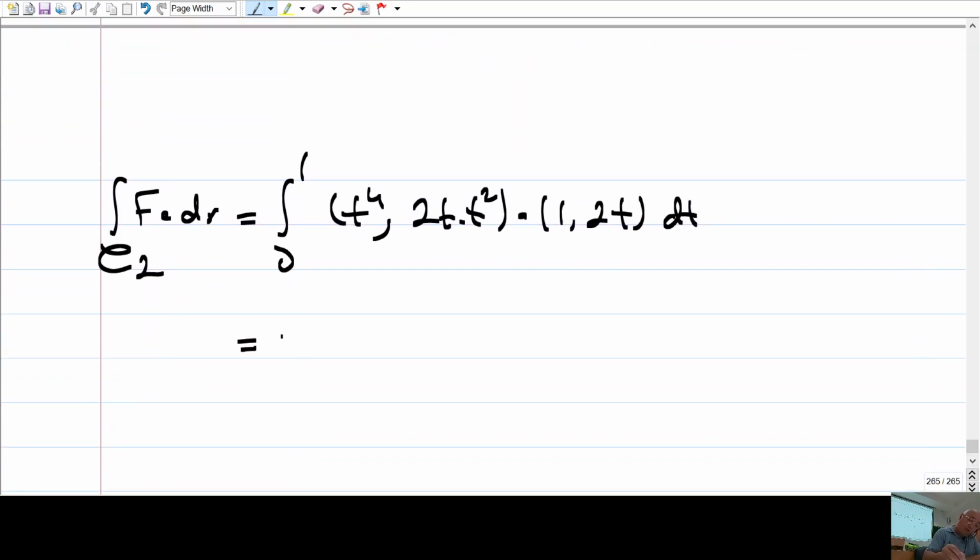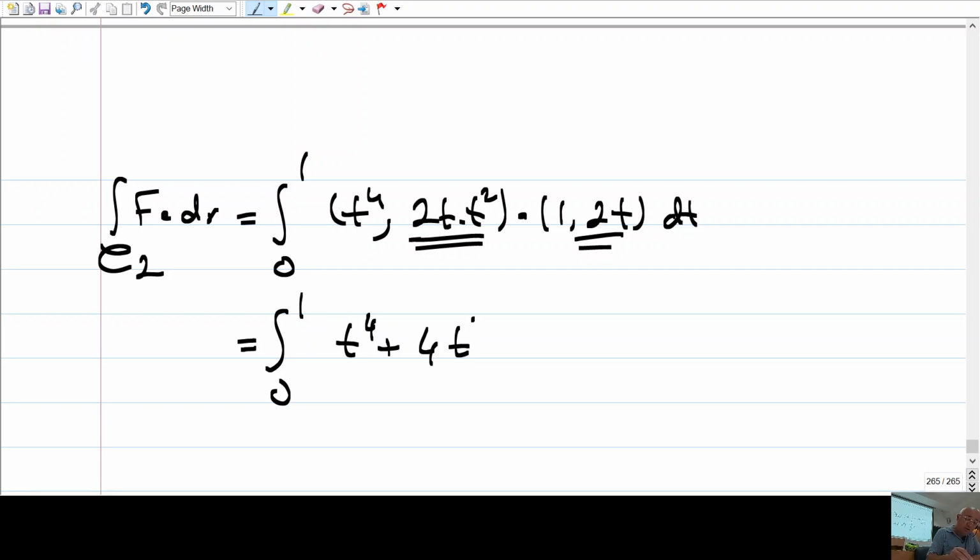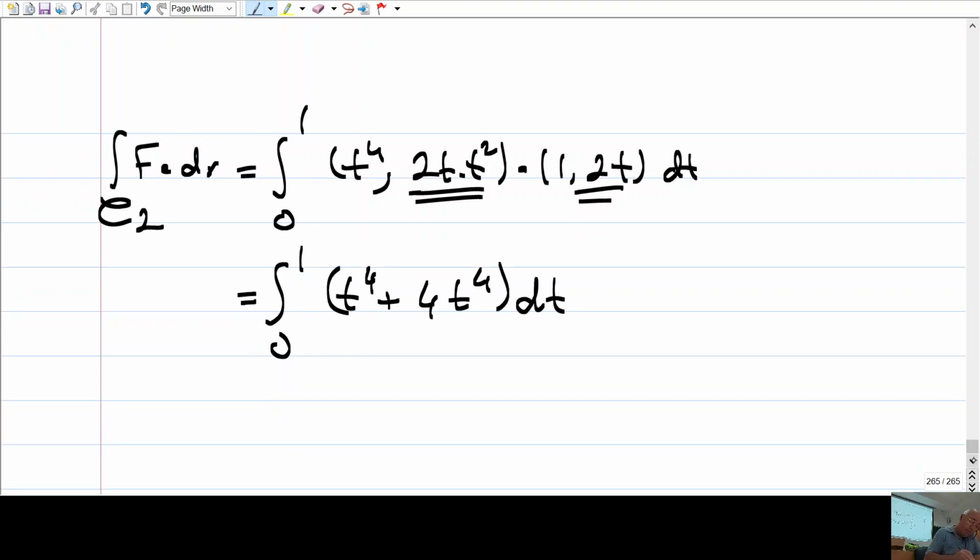All right, so what is this? This is the integral from 0 to 1. If you multiply this out, you get t to the 4 plus 2t cubed, another 2t cubed, so it is 4t to the power 4, and then I have dt.